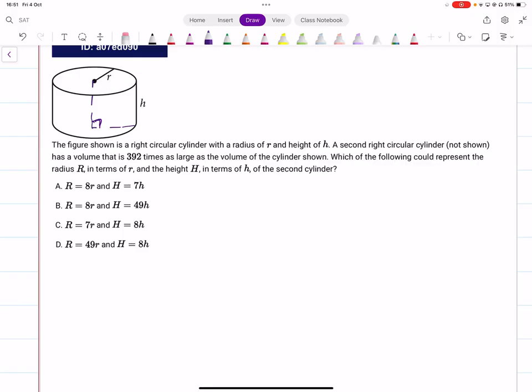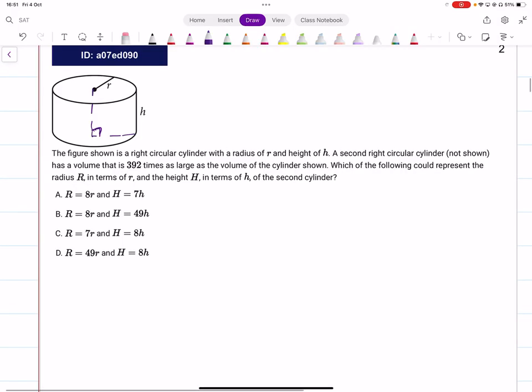Which of the following could represent the radius R in terms of r, which is small r, and the height H in terms of h of the second cylinder? So you have a second cylinder and we know something about their volumes, right?